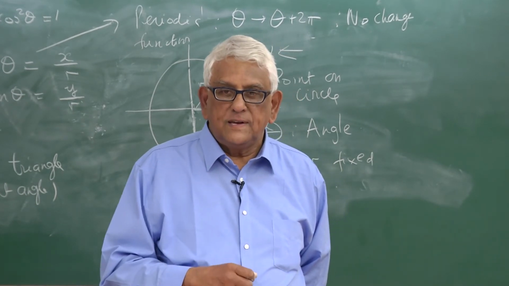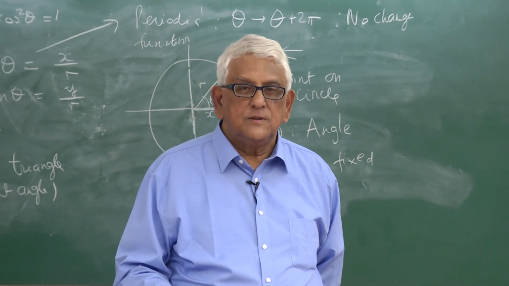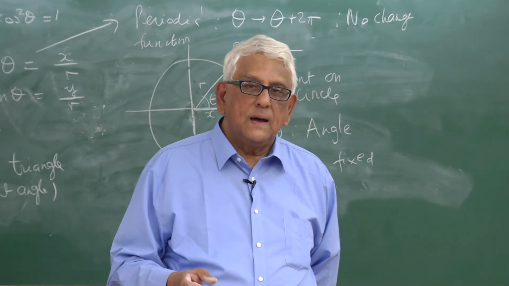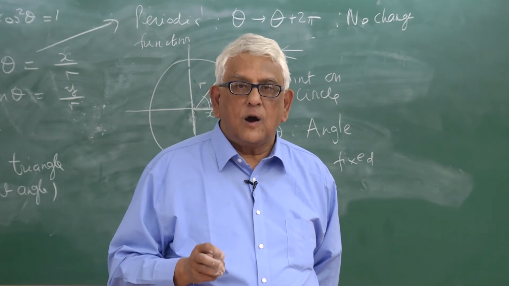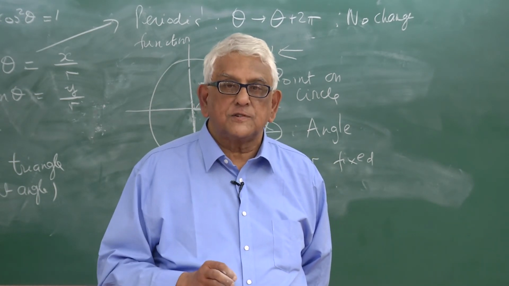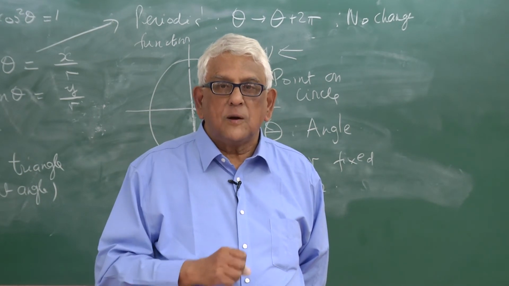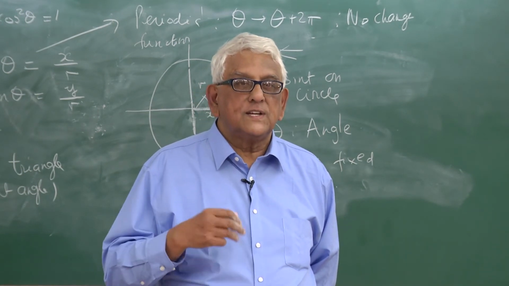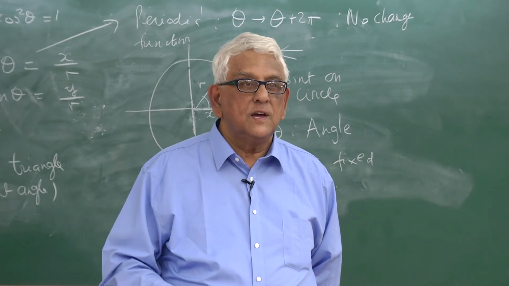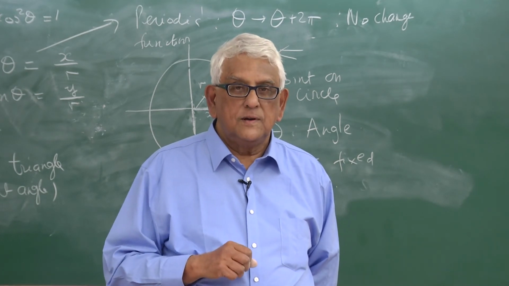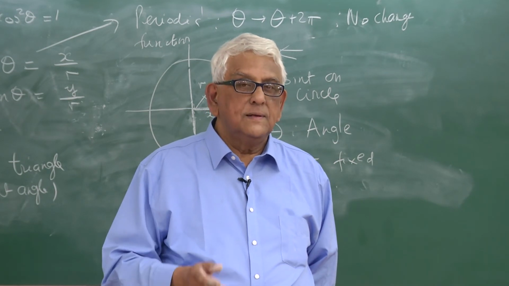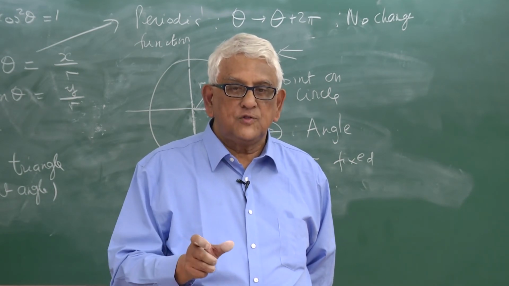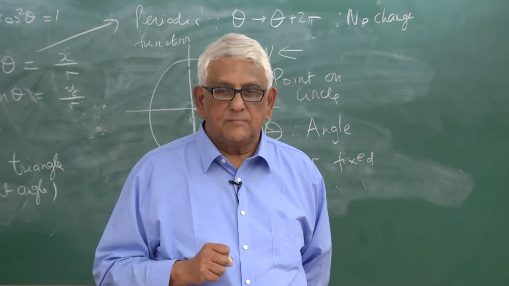So the next step we'll take next time is to look at functions and introduce a completely different operation which only works on functions. So what does an operation mean? For numbers, the operation means if I give you two numbers, there's an operation of adding. What does the operation do? If you give two numbers and carry out the operation of adding, you get another number.